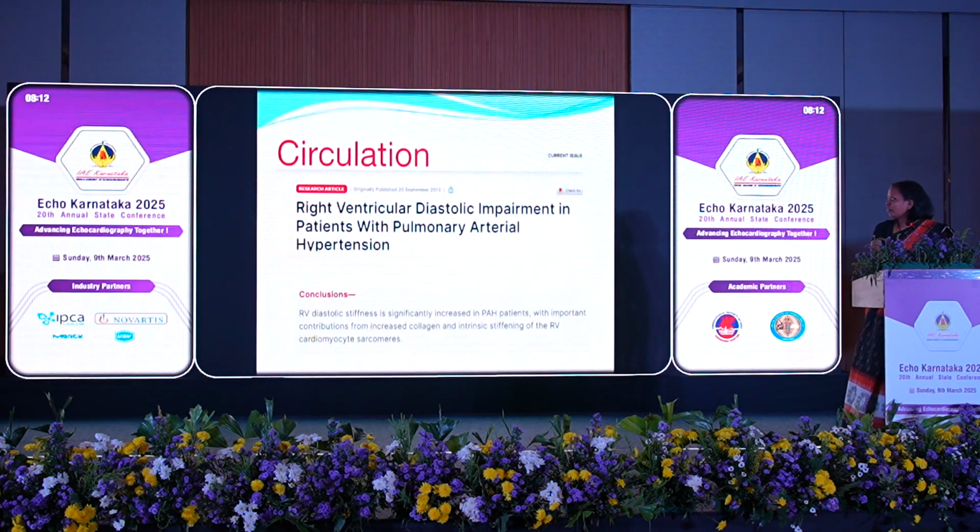Now, coming to pulmonary hypertension, what happens that leads to RV diastolic dysfunction? This is an elegant study based on MRI, which showed that RV diastolic stiffness is contributed by increased collagen and intrinsic stiffening of the RV cardiomyocyte sarcomeres themselves. At the cellular level, the changes take place.